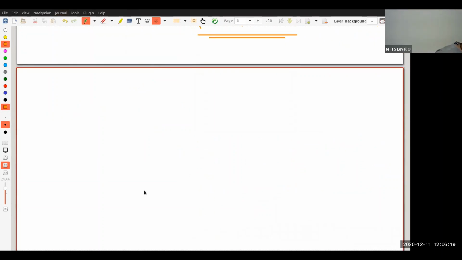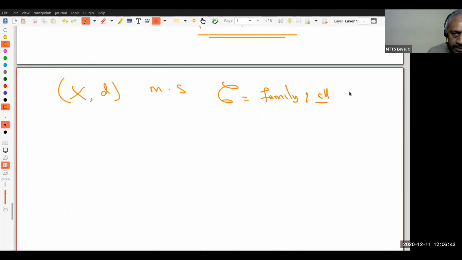Okay, let me see what else I have to do. Now let (X, d) be a metric space. Let C be the family of all closed sets. Do you remember, last time what did we do? We looked at tau, the family of all open sets.